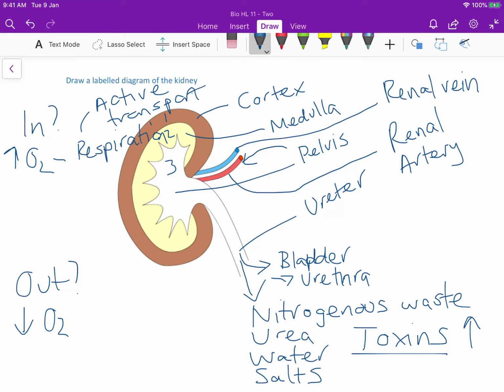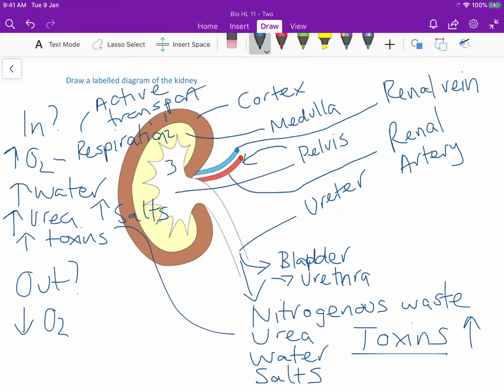What else is going to be in higher levels? Well, usually going in versus out, there's going to be a higher level of water because we're going to remove some water always. There would also be a higher level of urea because that's what it's supposed to be getting rid of, and there would be a higher level of toxins and a higher level of salts. So basically all these things down here that it's going to remove, they're going to be in higher levels, and over here they're going to be in lower levels.